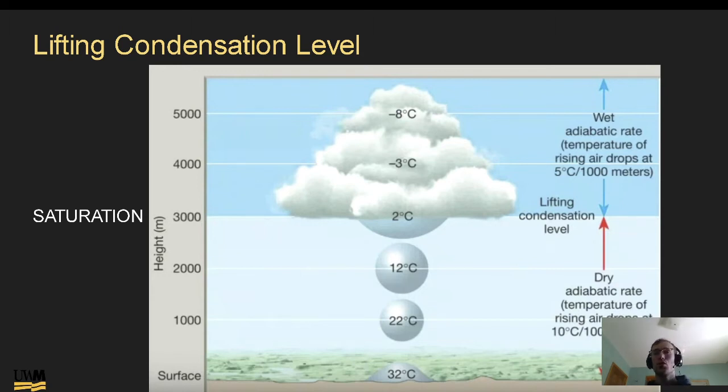You'll have huge cumulonimbus clouds. So notice here, above the lifting condensation level, the air cools a little bit slower. Remember, that's 5 or 6 degrees per every 1,000 meters due to the latent heat given off from that condensation forming.